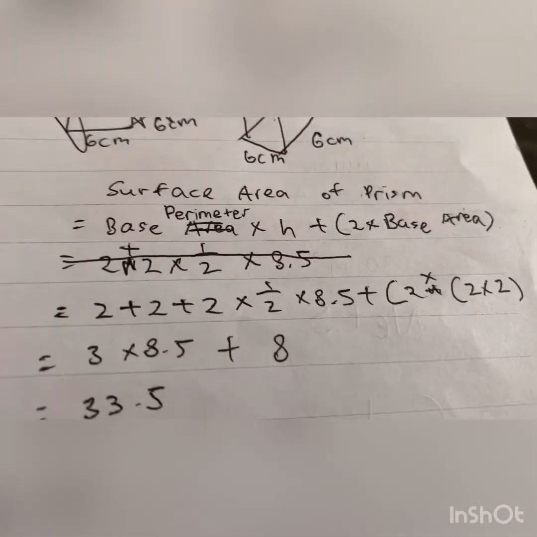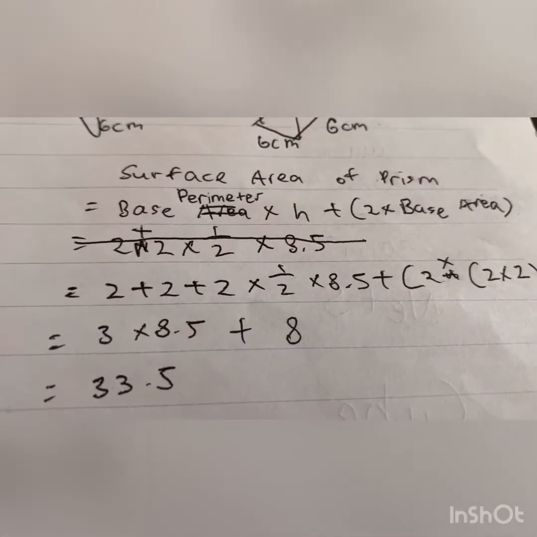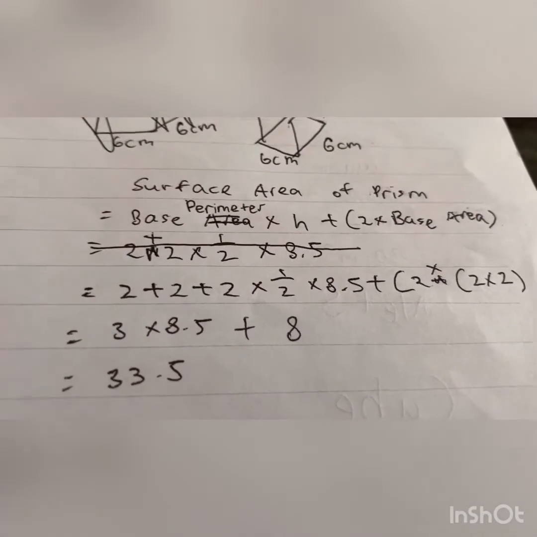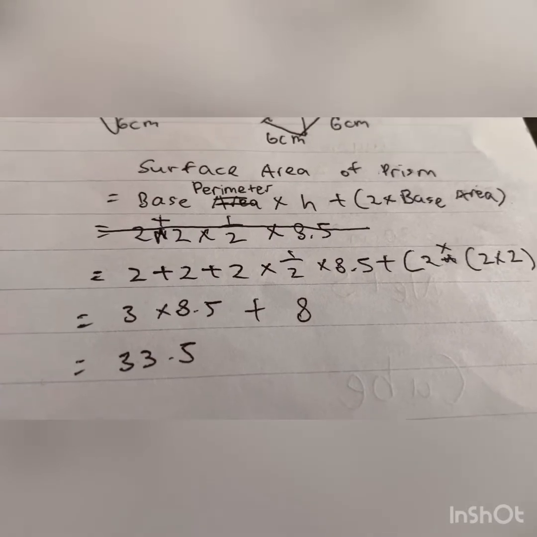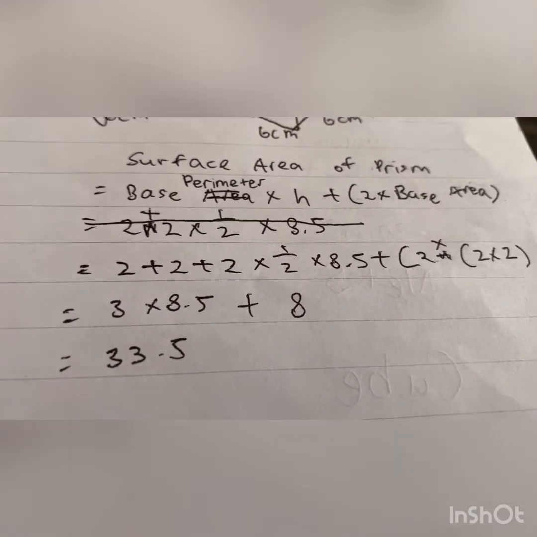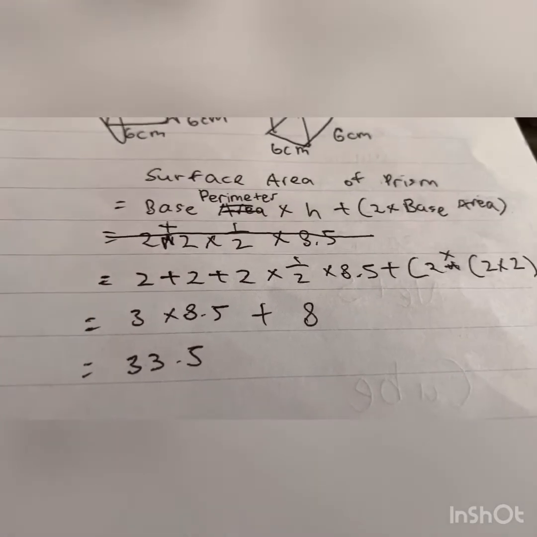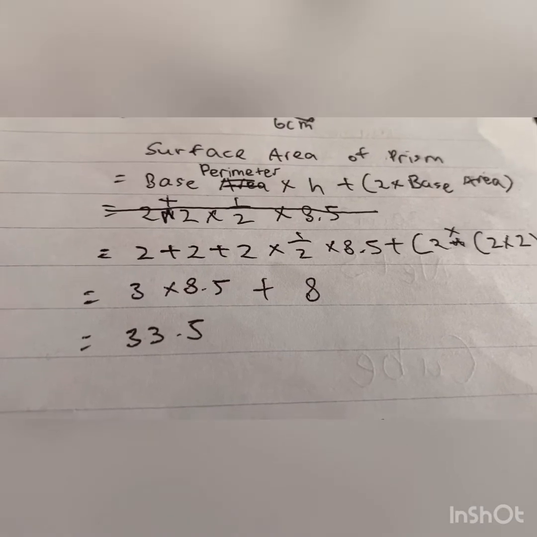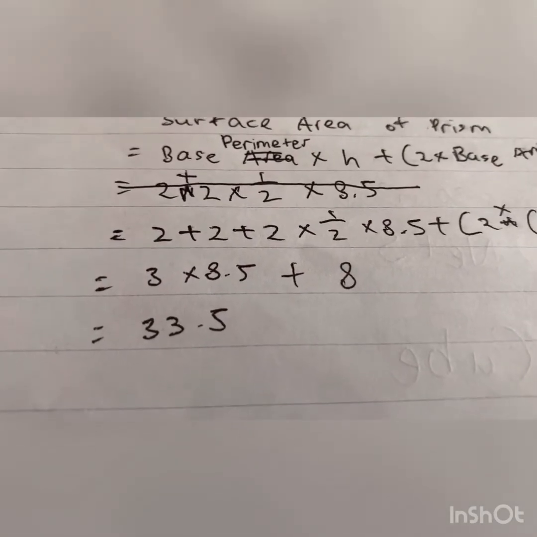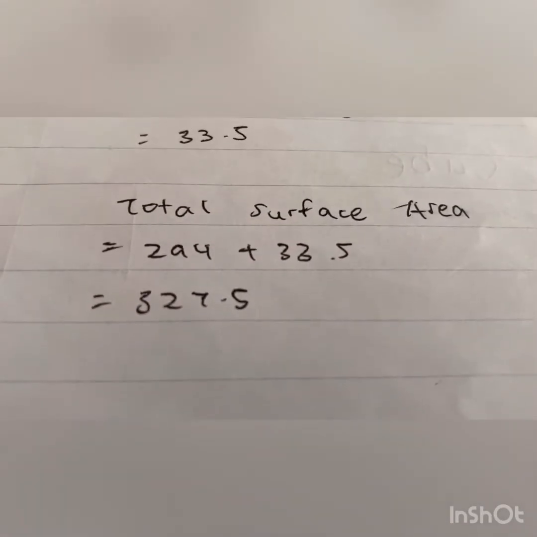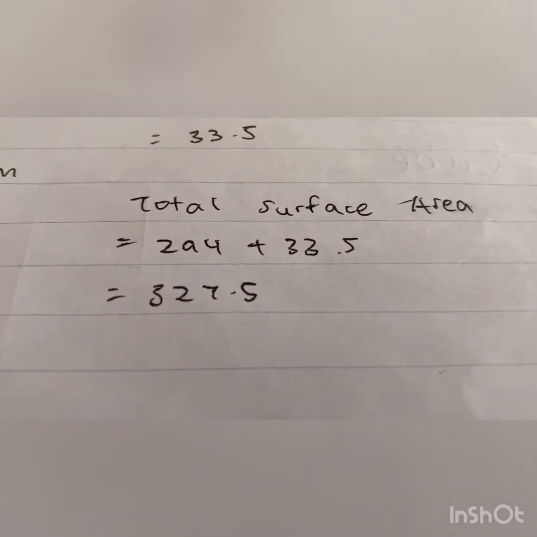Then we're going to find the surface area of the prism, which is the base perimeter times the height plus 2 of the base area, which is 2 plus 2 plus 2 times 1/2 times 8.5. Once you get the answer, you have to add it to the 2 base areas, which is 2 times 4. Then the answer will be 33.5. So the total surface area will be 327.5, which is 294 plus 33.5.